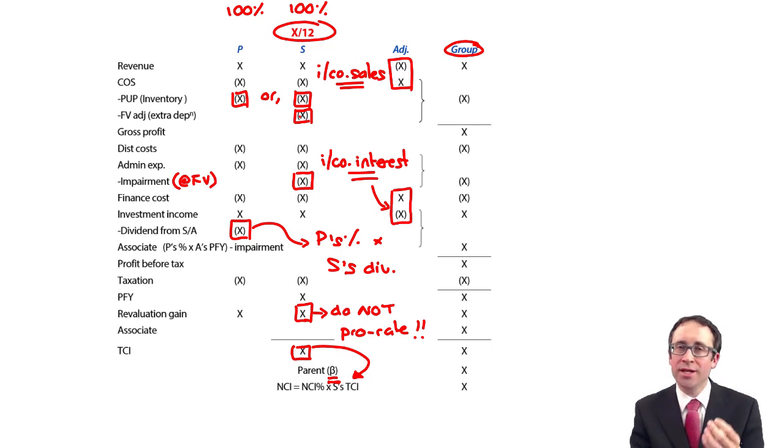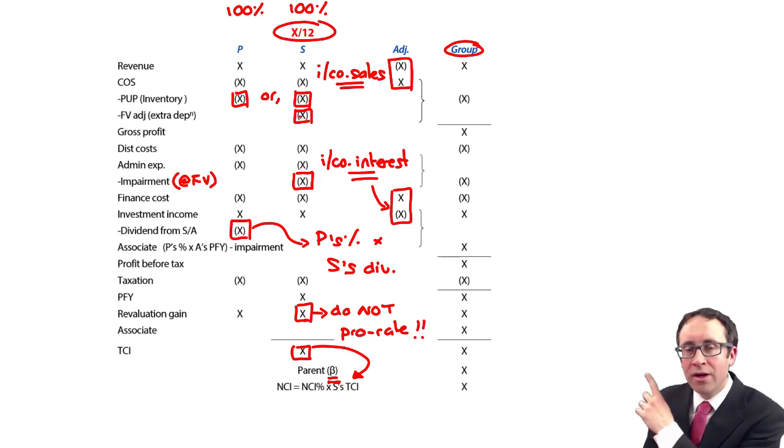The additional depreciation that we have here is just for the year only, and that will go through S's column because it is an asset of the subsidiary. So the extra depreciation should be charged in S's books. Remember, it's just for the year. Now, if we've bought the subsidiary partway through the year, again, that will need to be prorated. So again, you need to read the question very carefully.